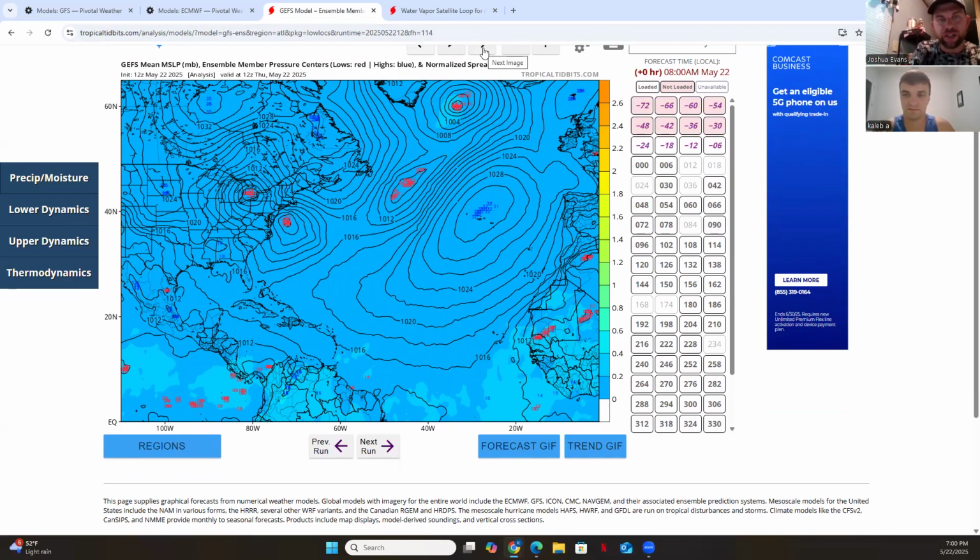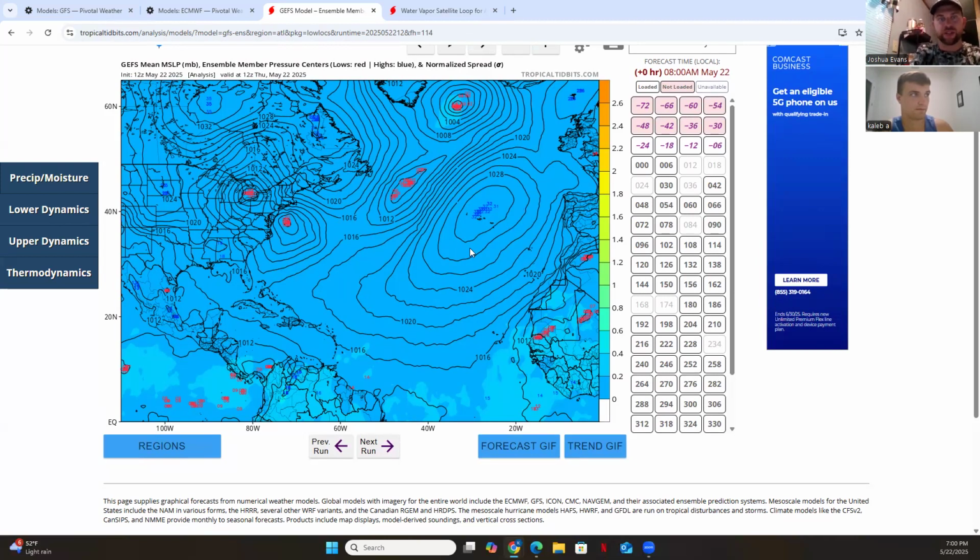So you see the little pockets of red; those are all individual numbers indicating low pressure systems. Okay, low pressure centers. So each ensemble run has a center that it creates for that low pressure system. And so what they do is it's mapping all of those low pressure centers to try to create an average.